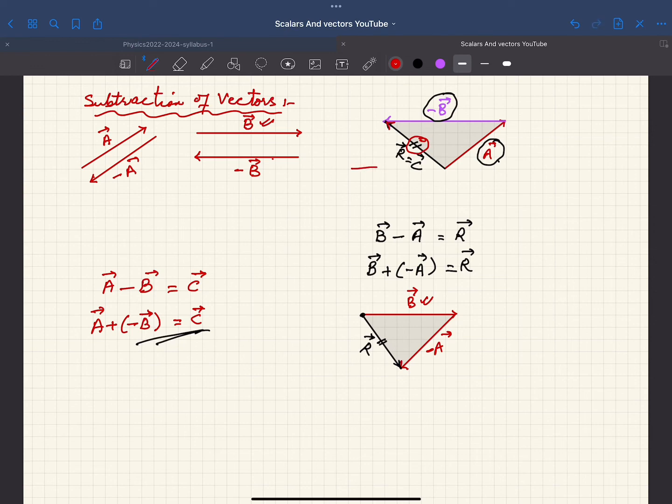Suppose you are considering the x-axis and y-axis situation, then you can very easily get where your resultant vector is.